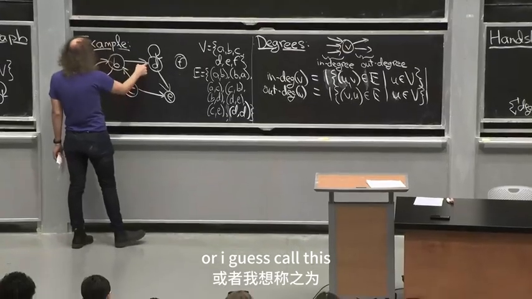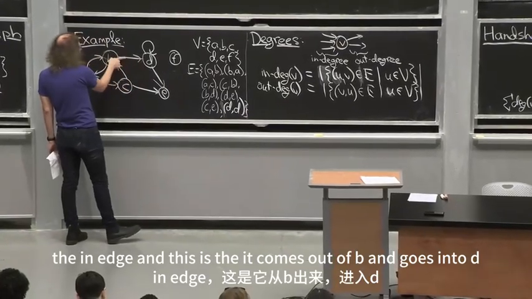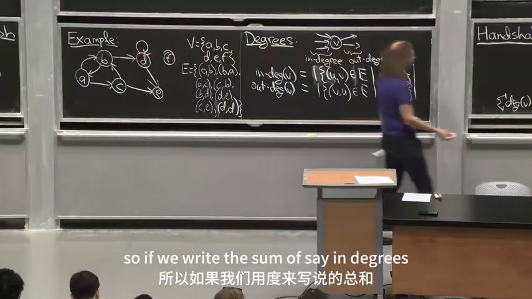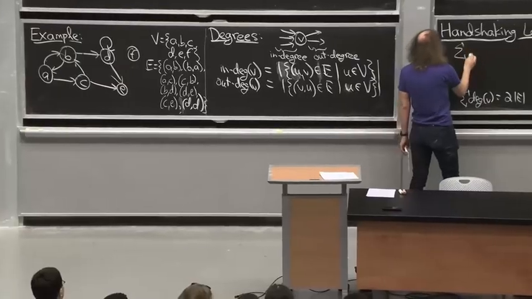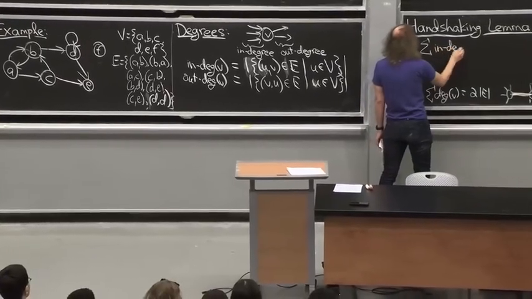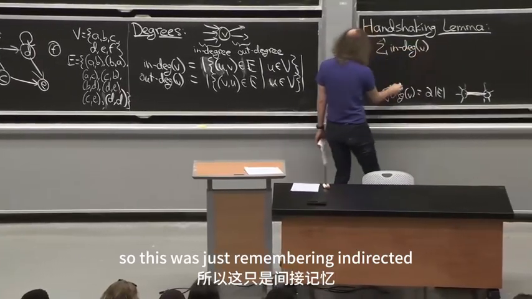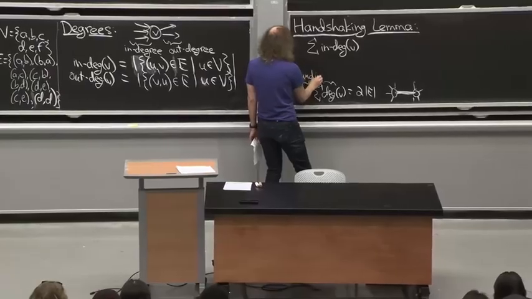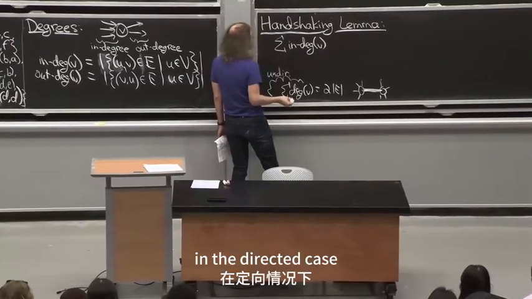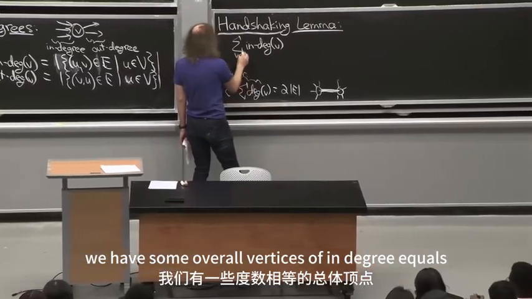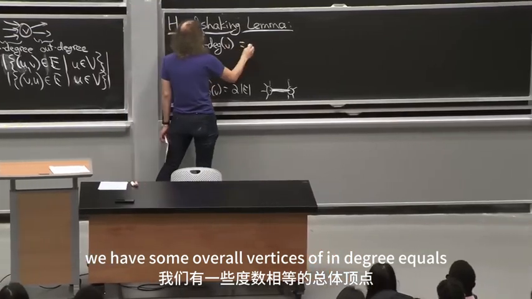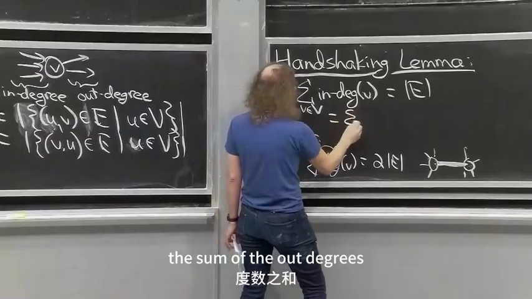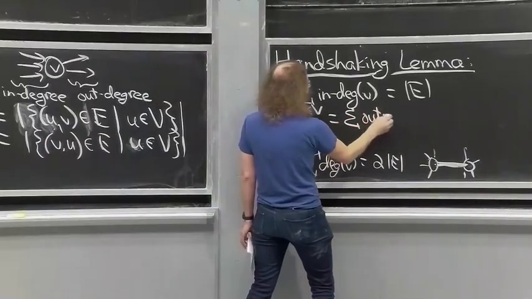This comes out of B and goes into D. So if we write the sum of, say, in degrees, this was just remembering undirected. In the directed case, we have the sum over all vertices of in degree equals exactly the number of edges, and also equals the sum of the out degrees.